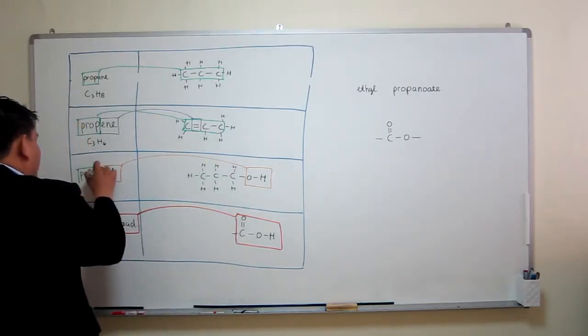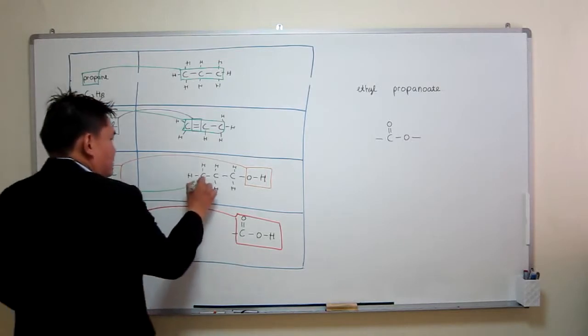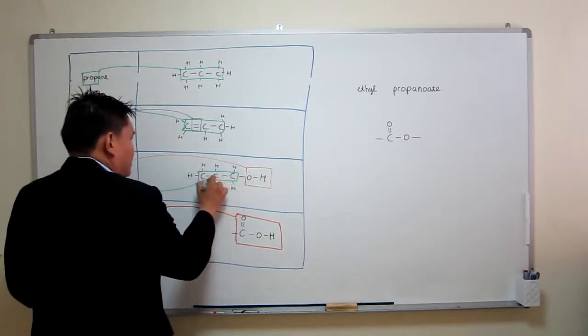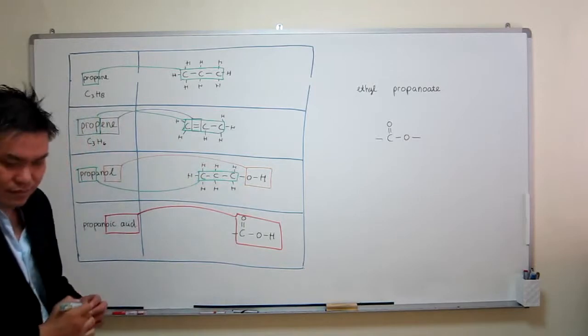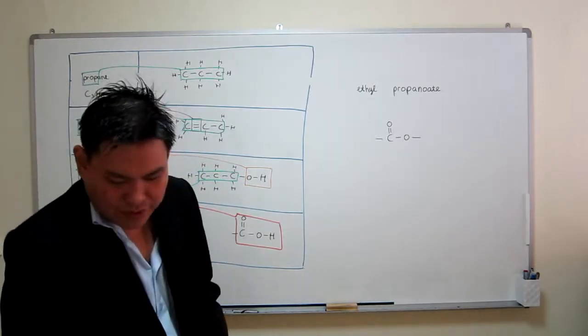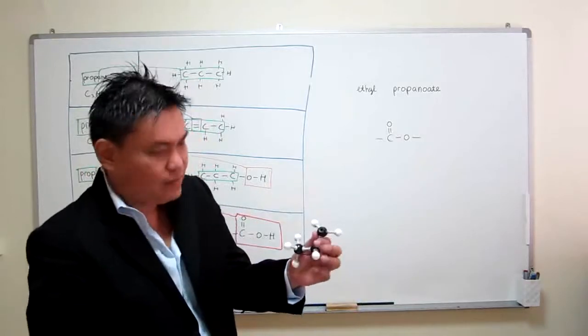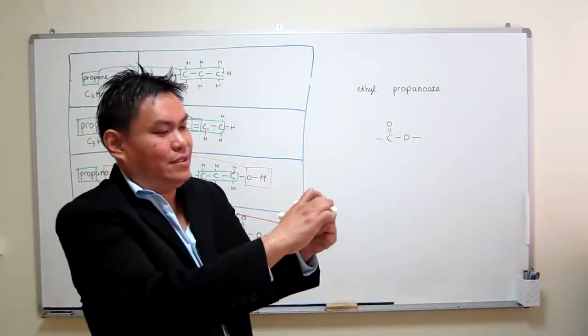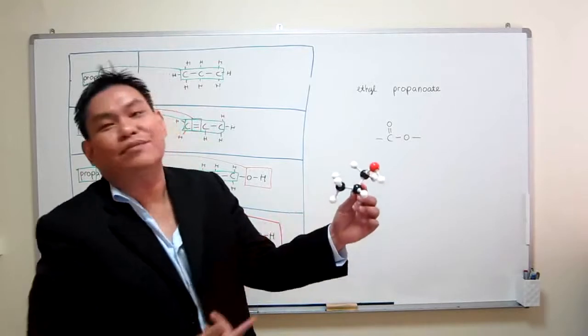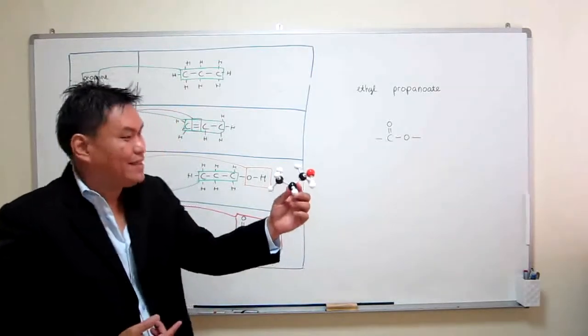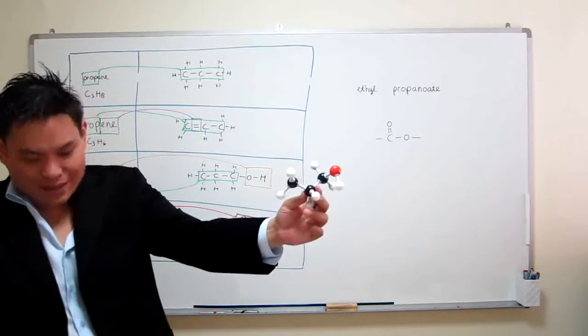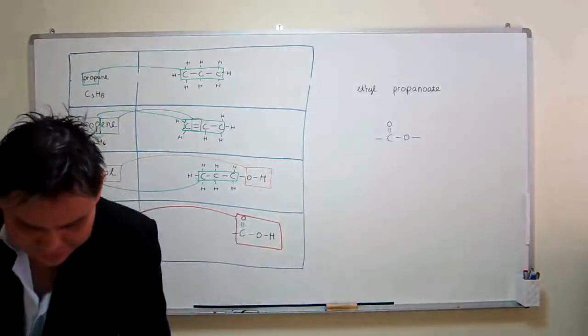Again, prop means 3 carbon. The model for this, very simple. 3 carbon must contain OH somewhere. Propanol, right? Very simple. This is the model for that.